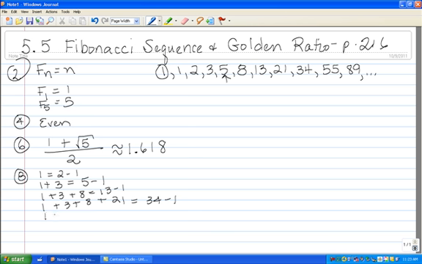And I'm going crooked here. Okay, and then 1 plus 3 plus 8 plus 21 plus 55 equals 89 minus 1.